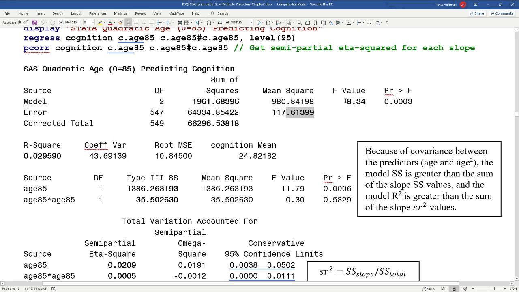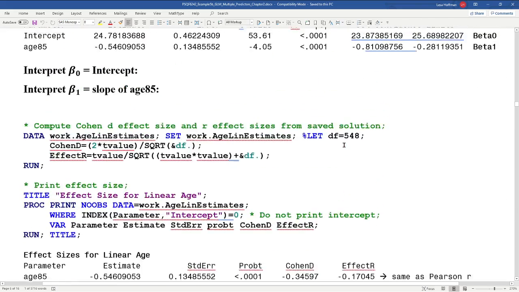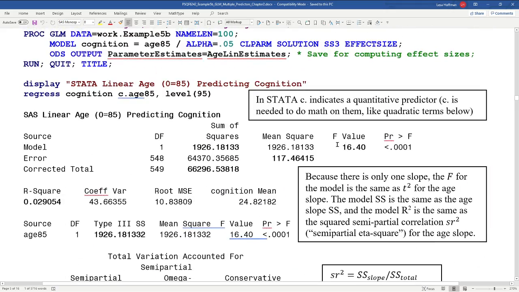The model is still significant, but note that the F-test for the significance of the model is 8 relative to the previous model, which was actually higher. It was 16. And that's because you can think of F as a per slope quantity. It's information captured per slope divided by information remaining per slope you could have added.